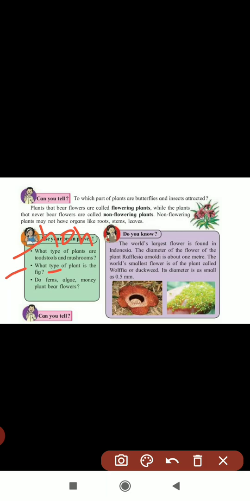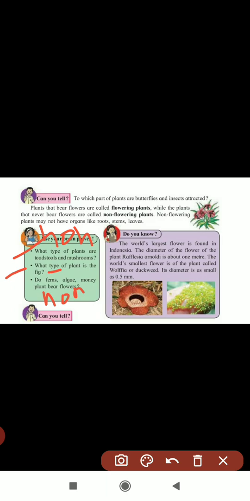No, because ferns, algae, and money plants are non-flowering plants. They do not bear flowers. Understood, children? The plants which have flowers we call flowering plants, and those which do not have flowers are known as non-flowering plants.